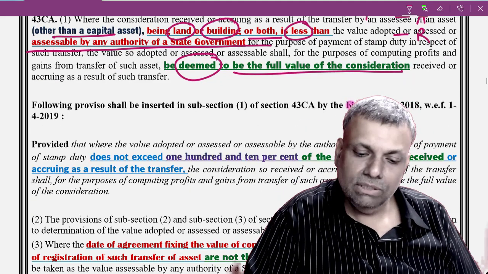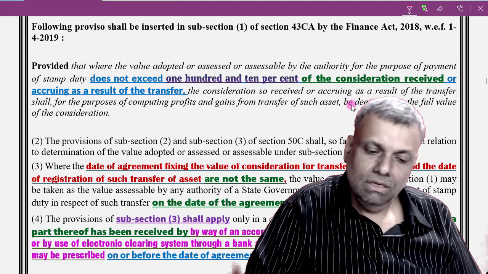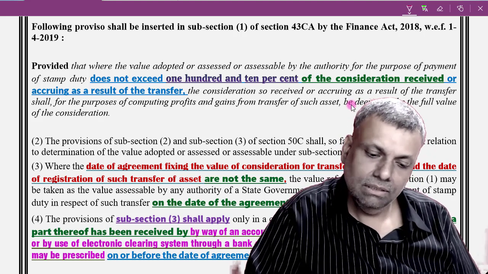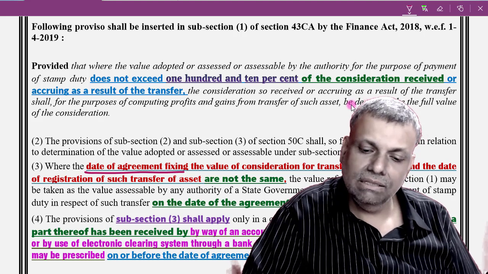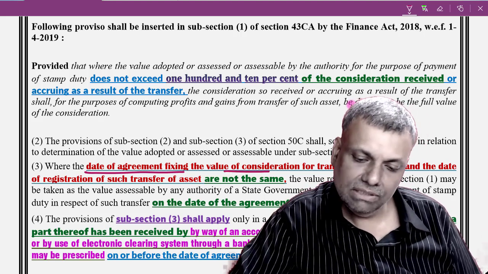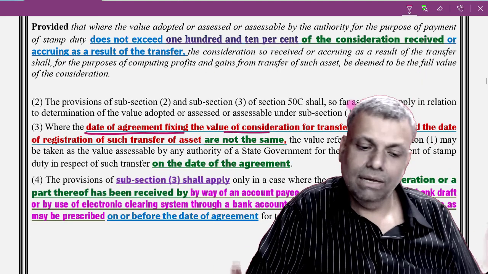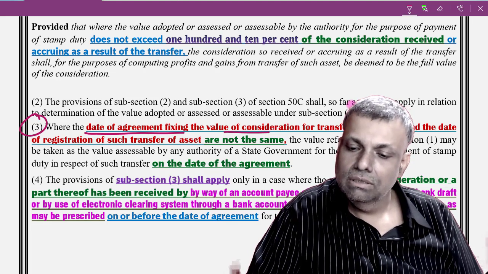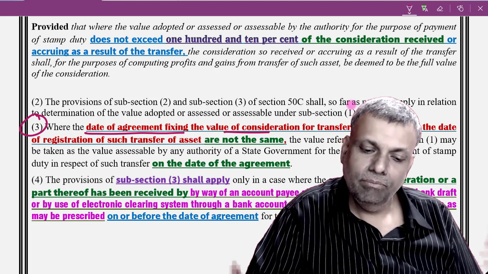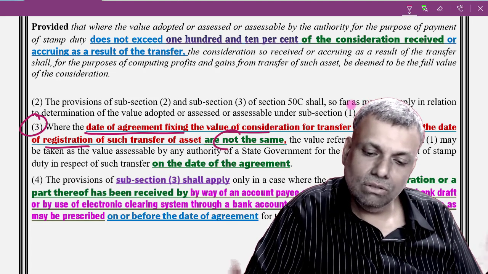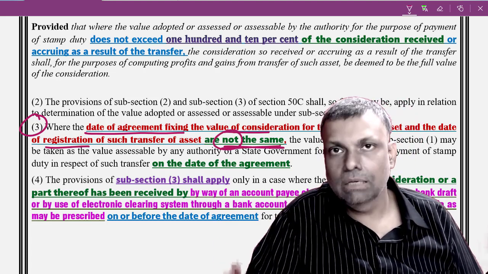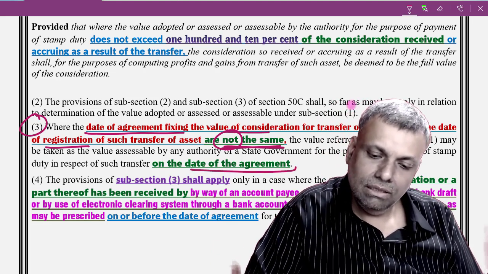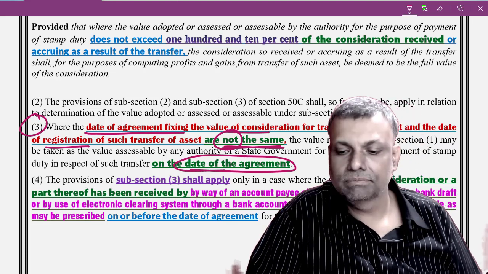So it says that subclause 3, where the date of the agreement of that particular asset and the date of the registration are not the same, then you will take the value on the date of the agreement.